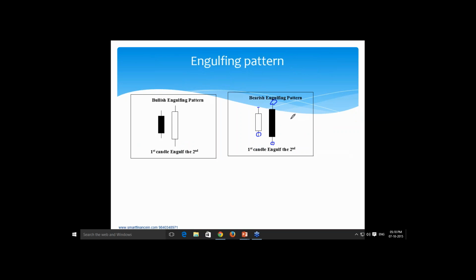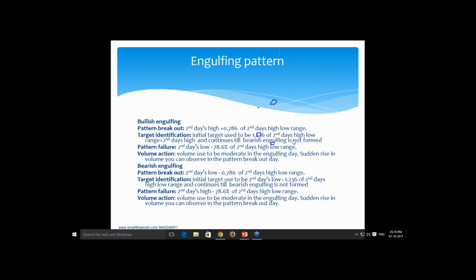The same logic you can take in the 5-minute chart or the 1-minute chart also. Once you get these factors, you again use the same Fibonacci rule for finding your pattern breakout point, target identification, and pattern failure.